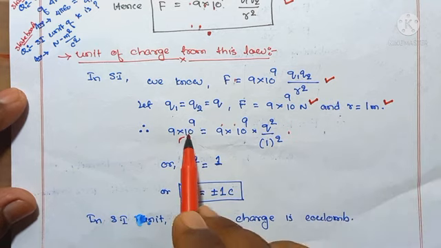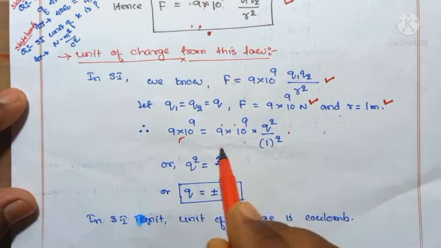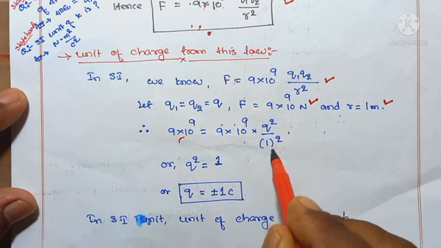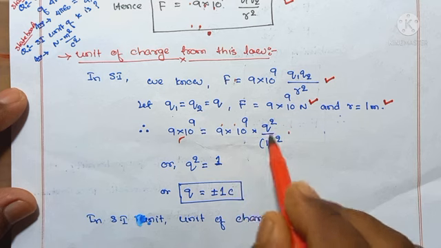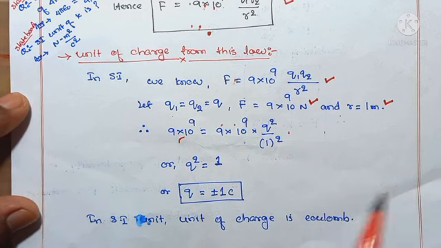पुटिंग ऑल दिस वैल्यू वी गेट 9 into 10 to the power 9 equal to 9 into 10 to the power 9 q square by 1 square. So after solving this हम लोग को मिलेगा q is equal to plus minus 1 coulomb.